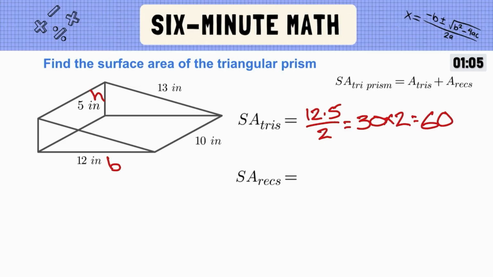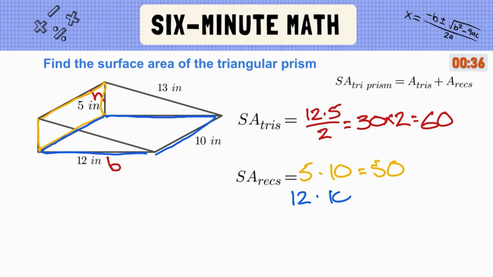We have 3 different rectangles here, so let's do the back side, which is going to be 5 times 10. 5 times 10 is 50. Then let's do the bottom. We're doing it in blue. We have 12 and 10. 12 times 10 is 120.